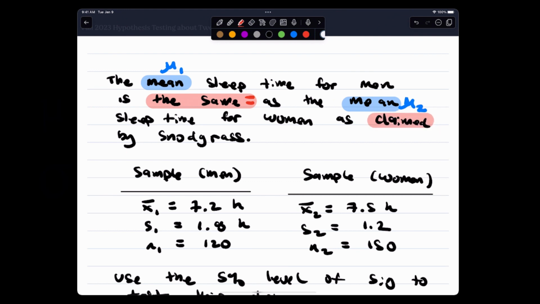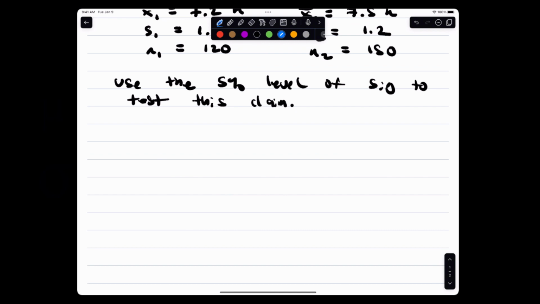Here's your claim. So when we write this stuff down, what do we know? Here's what's going on. We have mu1 equals mu2, and that's the claim. So here's our null hypothesis. Here's the alternate hypothesis.